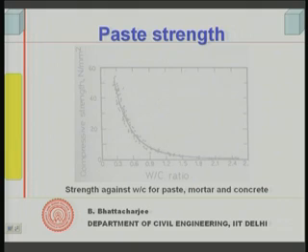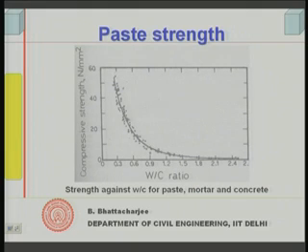Okay. And this is the curve which shows how water cement ratio governs the paste, concrete and mortar strength all. Although at the top it is written paste strength, water cement ratio actually governs the strength of paste, mortar and concrete.